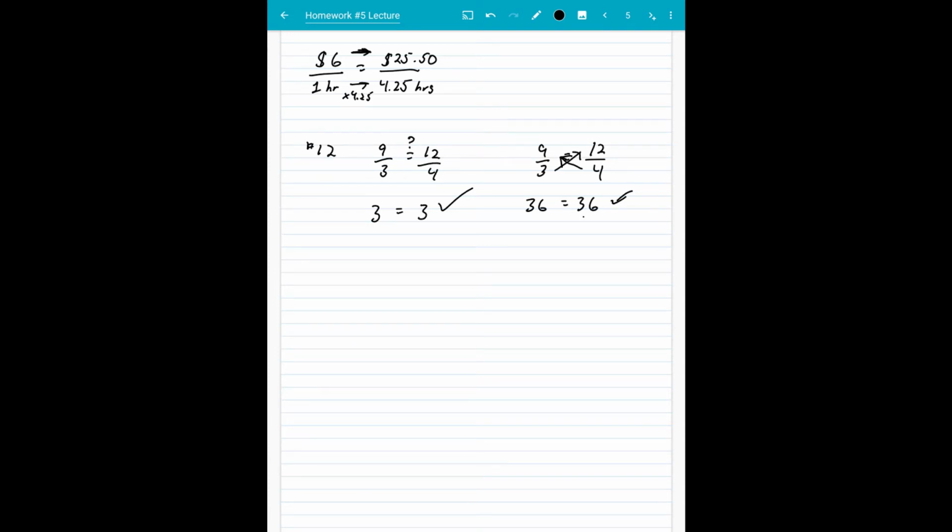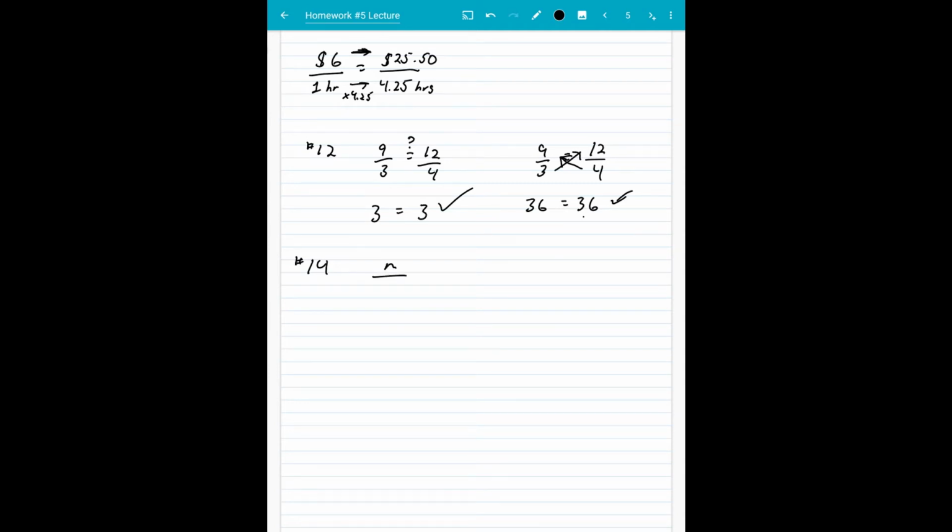So number 13 has another set of fractions asking you if they're proportional or not, and you could do that one. But what if we need to find the value? What if there is an unknown value, kind of like what we just did up here, but they're different numbers, and it might be a little bit more difficult to find out if you don't see the number or the multiple right away.